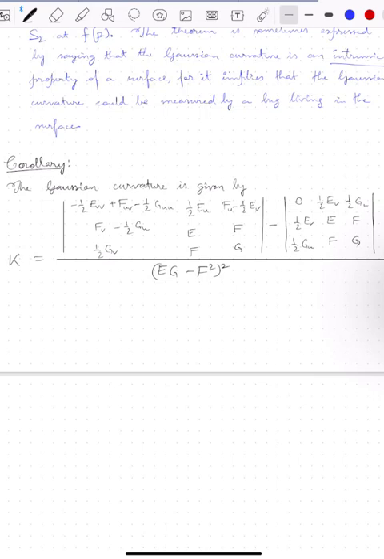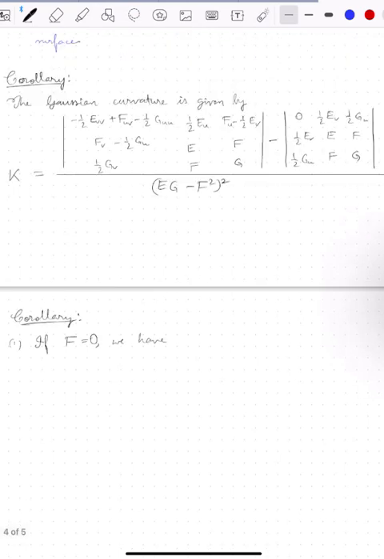And oftentimes we may not require the complete expression of the Gaussian curvature. We would always have certain special cases that we deal with, so we'll follow it up with a few corollaries. The first case: if F is 0, then many of the terms will go away.